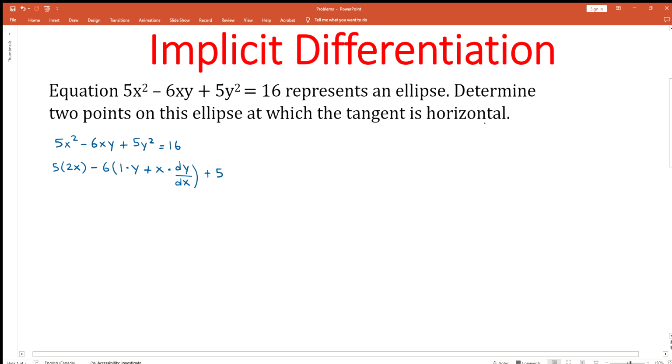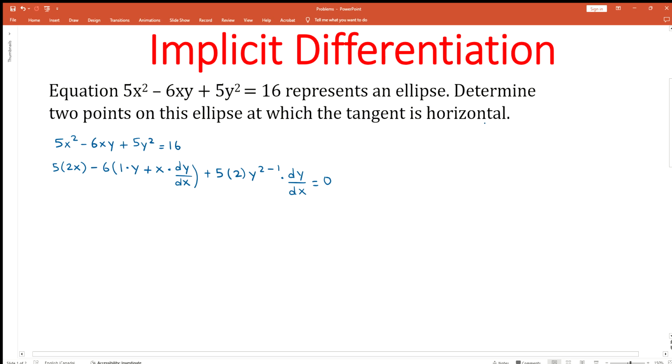We move the exponent 2 to the front of the term and subtract 1 from 2 in the exponent, times the derivative of the inner function. The derivative of y with respect to x is dy over dx. On the right side, 16 is a constant, so its derivative is equal to 0.